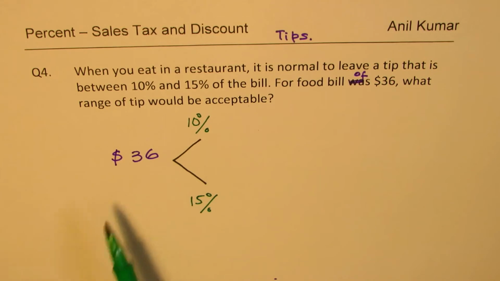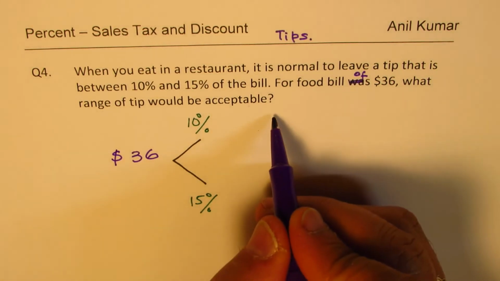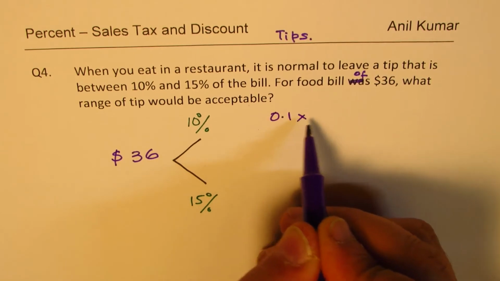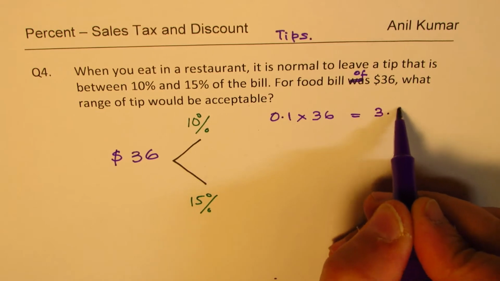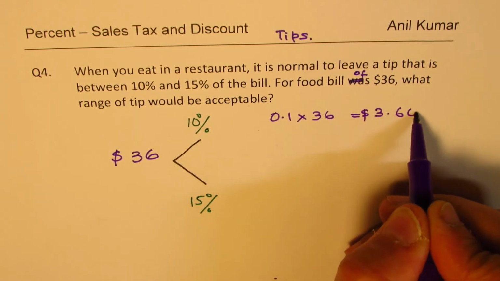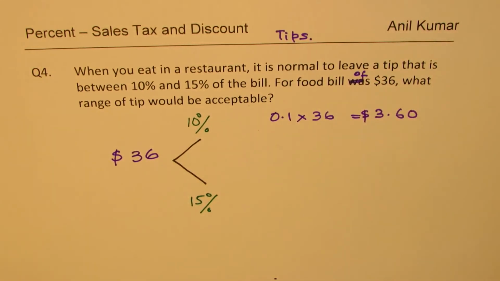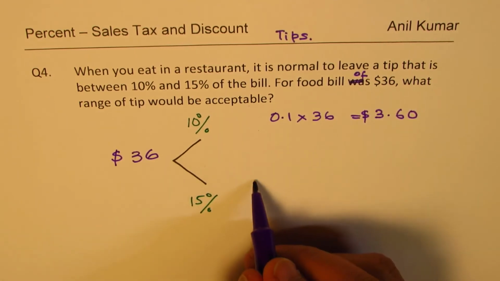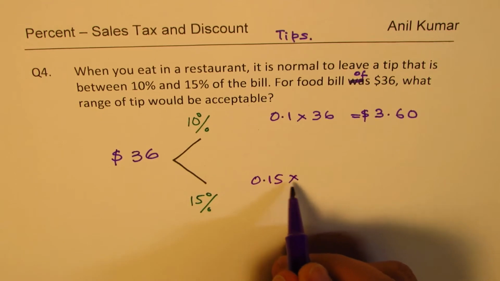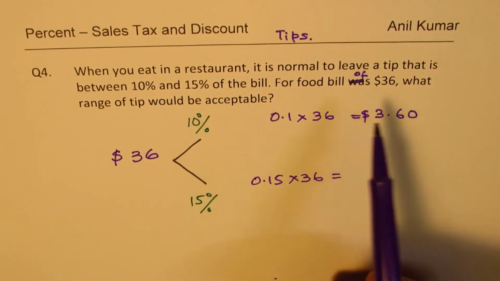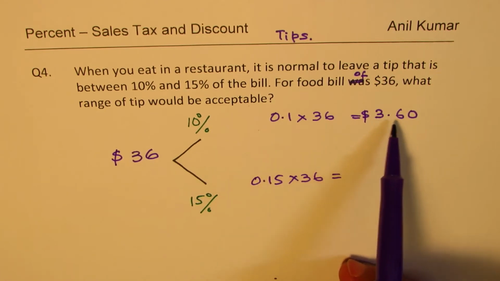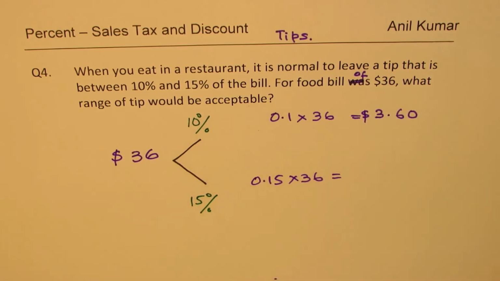So 10% of 36 is how much? Well, the 10% of 36 will be 0.1 times 36. You have to just change the decimal, which is $3.6, correct? Or 3.60. 15% will be 0.15 times 36, which is going to be, rough calculation, if 10% is 3.60, you add half of this, right?